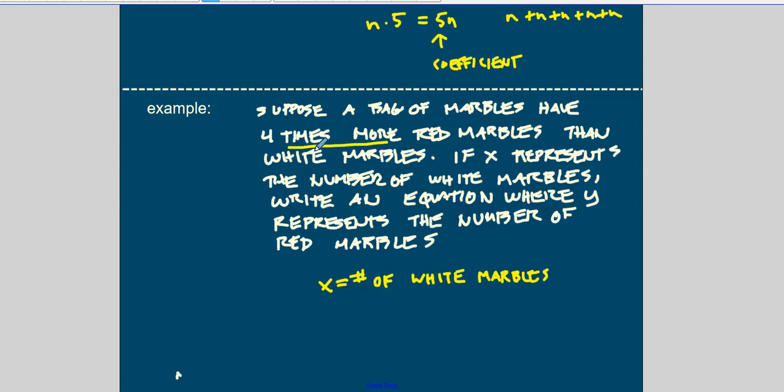We have 4 times more red, so 4 times x will be the number of red marbles. So the equation is y equals 4x. Okay?